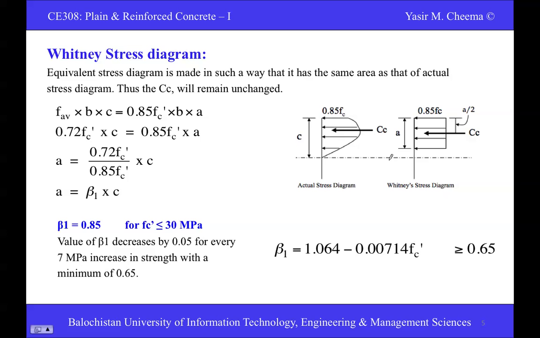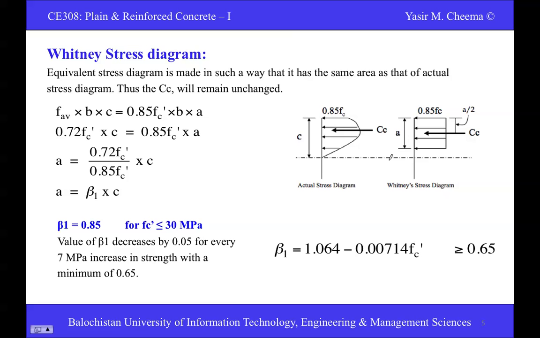But for the parabolic form, the problem is we cannot find the centroid, the point of action of the resultant compression force. So to facilitate that, we replace this parabolic form with an equivalent rectangular area.